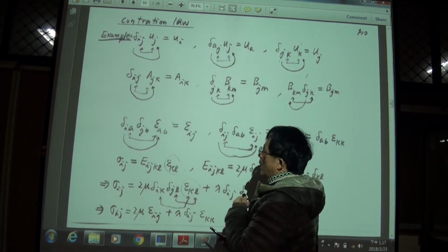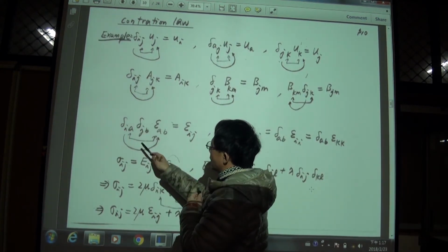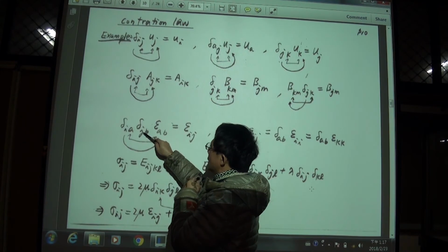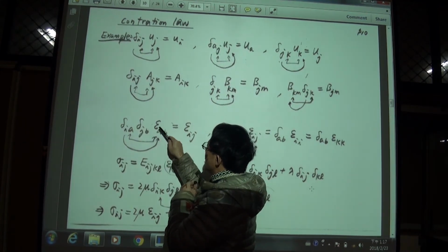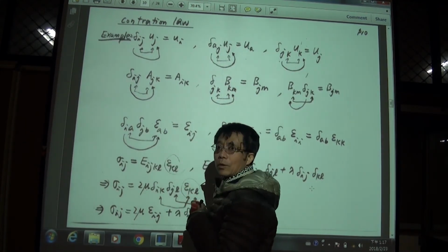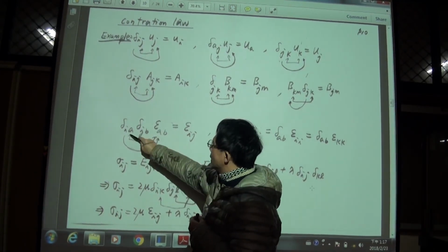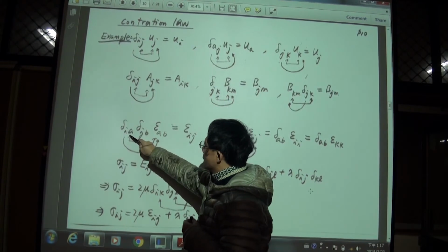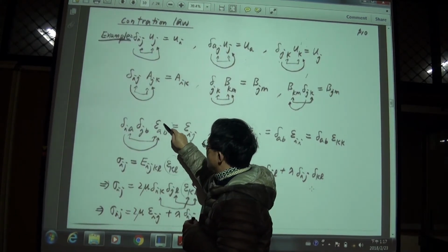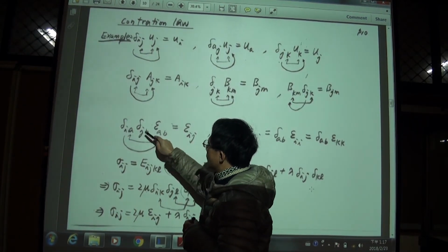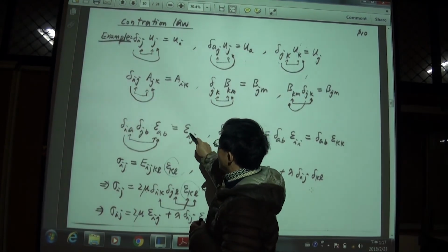Similarly, we have the example delta_ia delta_bj delta_jb epsilon_ab. Let us look at here. A is repeating, so we should replace a by i here.